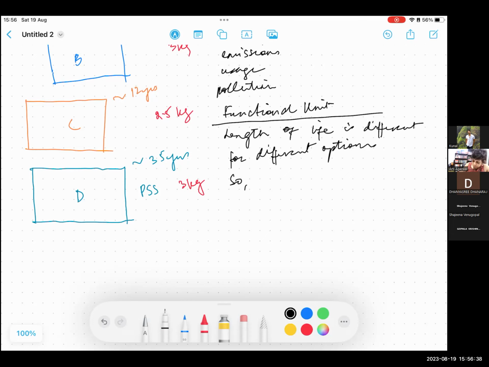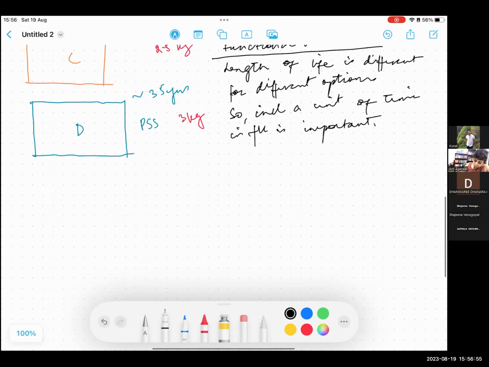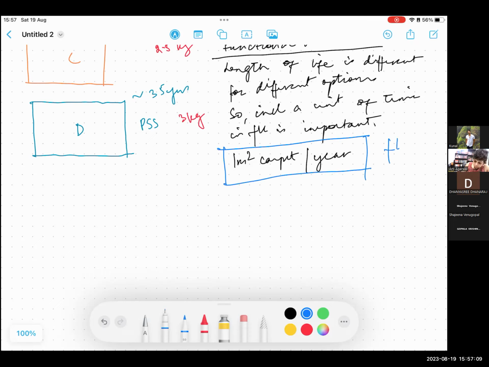So including the unit of time in the functional unit is important. Instead of just taking 1 meter square of carpet, we'll take 1 meter square of carpet per year, right? This is what we'll take as the functional unit.